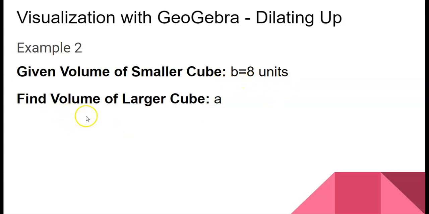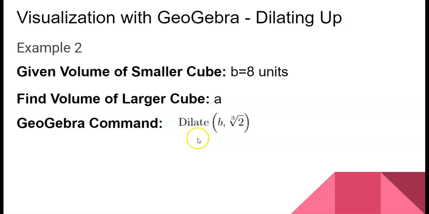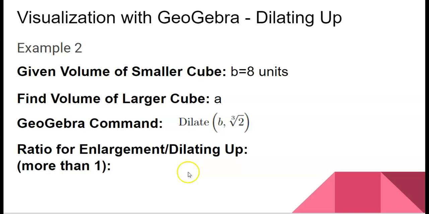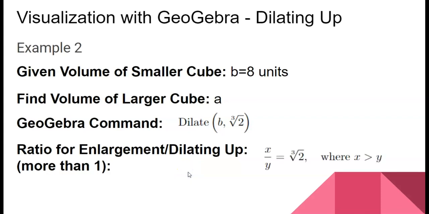And we're going to find the volume of the larger cube, A. And the GeoGebra command to use is, of course, dilate, and the parameters are B, comma, cube root of 2. Dilating up or enlargement, the dilation factor should be more than 1. So we're going to show that the ratio x over y is equal to cube root of 2, where x is greater than y.